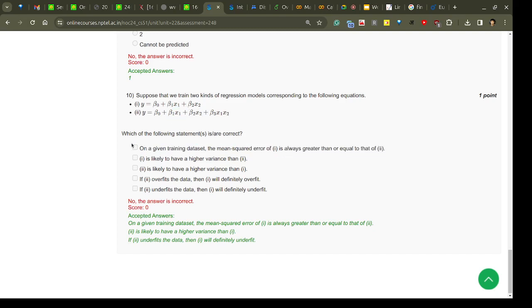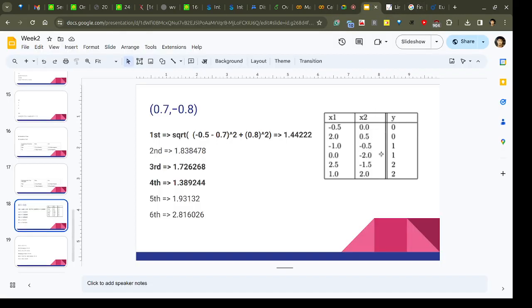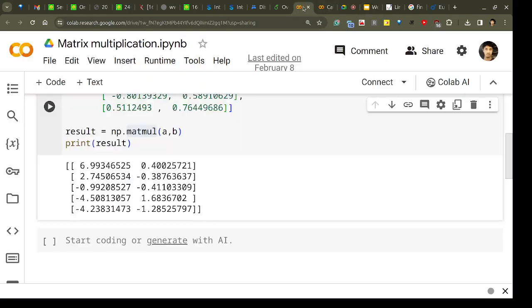Then between these two, which of these two models is likely to have more variance? More variance means, suppose we give the first 4 data points in training, or we give the last 4 data points in training, the loss function might drastically change the mean square error value.